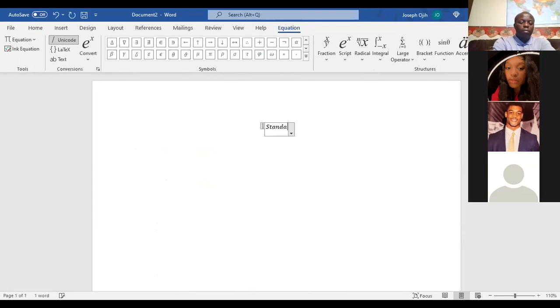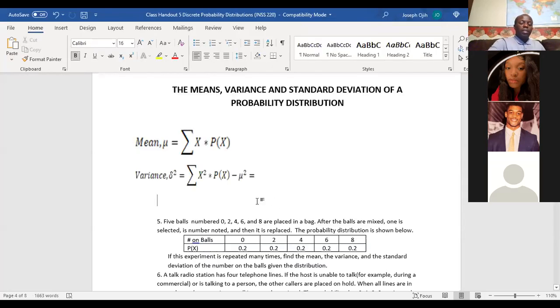Standard deviation, which we use sigma to represent, equals the square root of variance. Any answer we get for variance, we take the square root to get the standard deviation. Okay. So once we have this, we can get the variance. Put it right here. I mean the standard deviation.